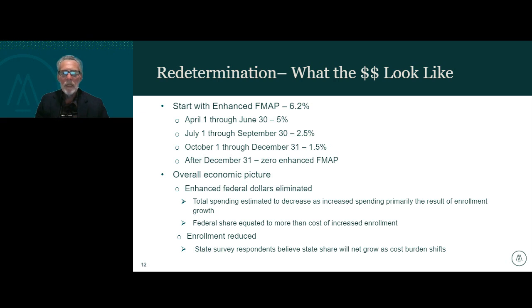The money was not only covering the cost of the additional people, but it was also contributing positively to the state's budget. But then they also have to marry that with the practical reality of how to address this situation, because right now the project is to perform redeterminations for everyone that's on the state rolls.